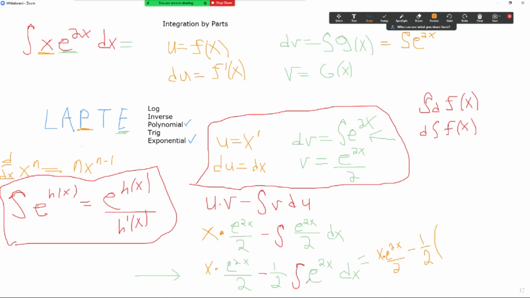Again, the antiderivative of e to the 2x is e to the 2x over 2. And just remember, indefinite integral, you always have a plus c. So this becomes plus c.